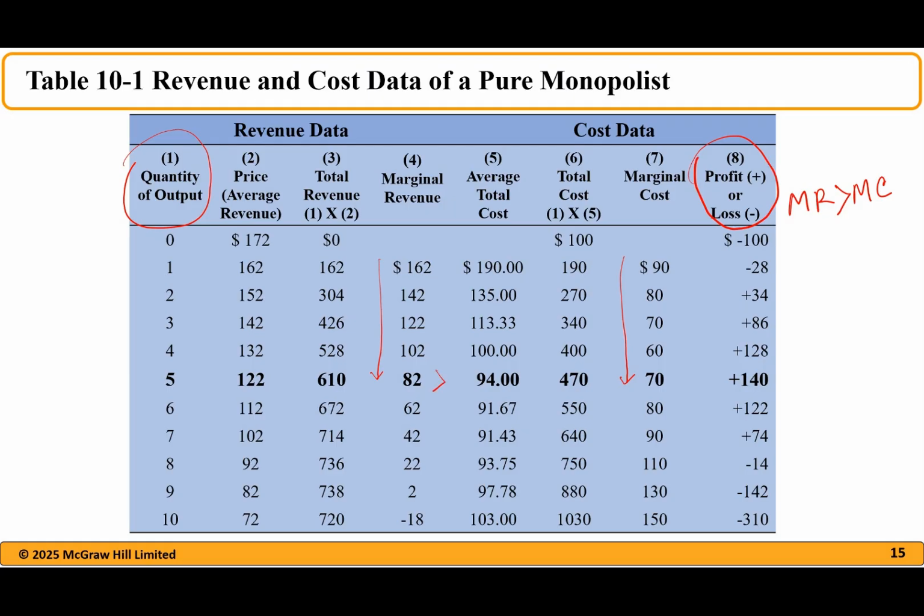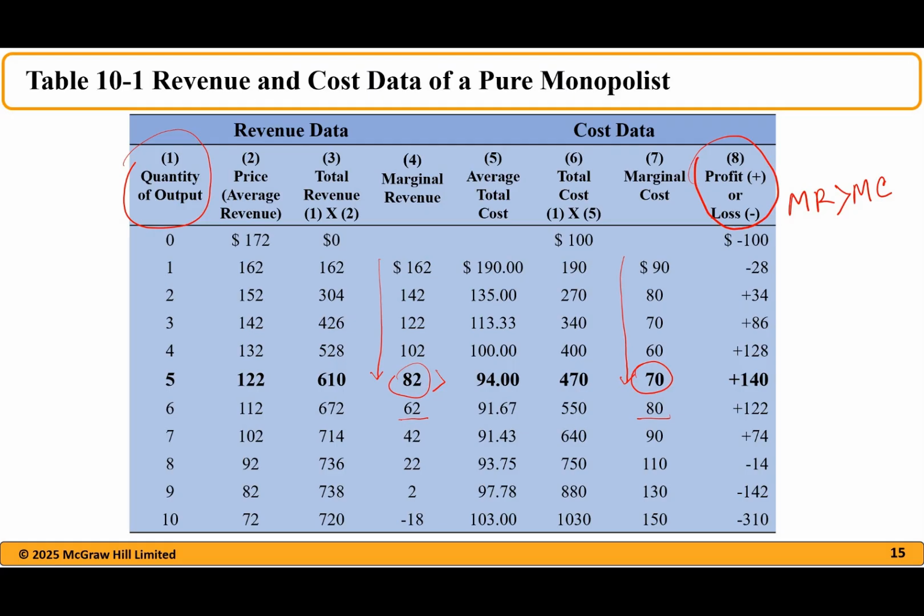So 82 is greater than 70. If the firm extends its output to the 6th unit, the marginal revenue will be 62, but the cost is going to be 80 for this level of output. Therefore, that output level will not be produced, only the 5th unit of output will be produced according to the marginal revenue and marginal cost rule.